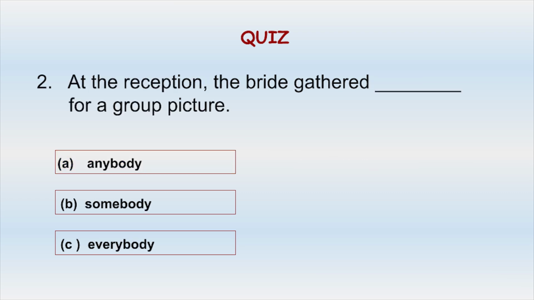Something is definitely out as we are talking about persons and not things. Number 2. At the reception, the bride gathered blank for a group picture. Is it anybody, somebody, or everybody? The answer is everybody. It means the bride gathered all the persons at the reception.